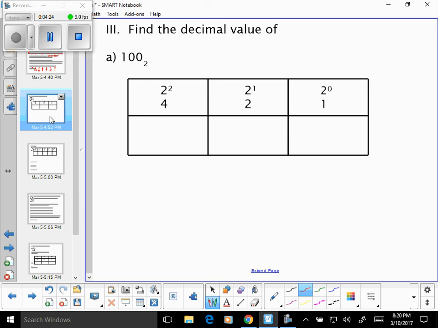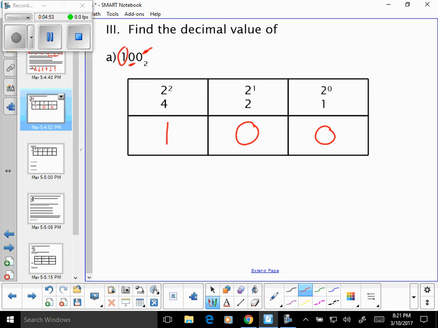My first place value right here is supposed to be a 1. The 0 says you don't have any of those. My second place value is supposed to be a 2. I don't have a 2. My third place value up here is a 4. This says you have one of those.